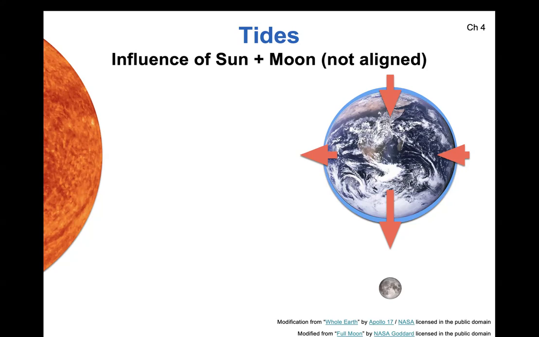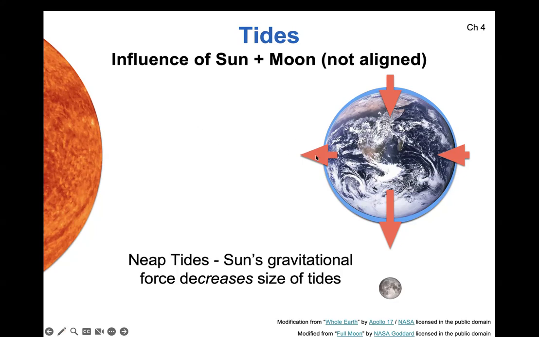And in doing so, it creates almost like a mini high tide where there should be a low tide, which means that there's going to be a weaker low tide. It's not going to be as low. And then it causes the high tides to not be as high as they would be when everything's aligned.